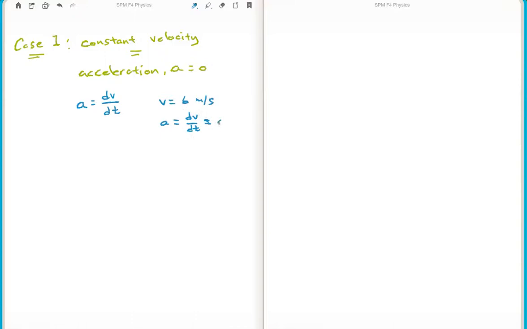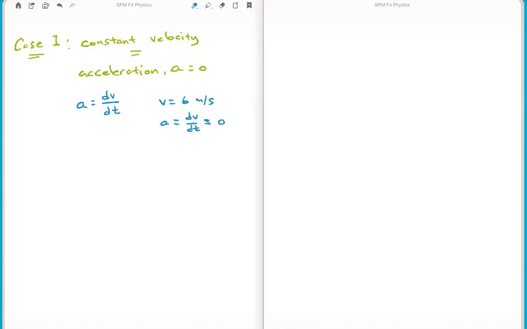You get 0. There's no change. Or perhaps you may refer to Form 4 Physics, chapter 2, part 2. In terms of mathematics this is 0. There's no change in velocity, that's why with constant velocity the acceleration is 0.